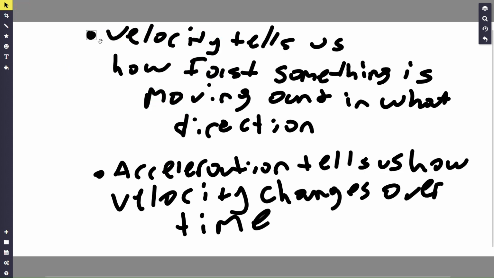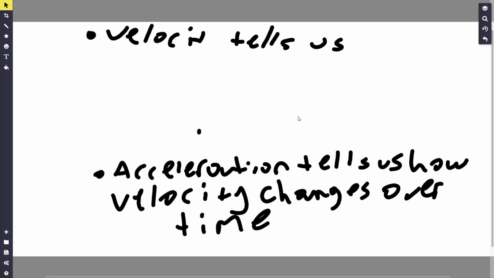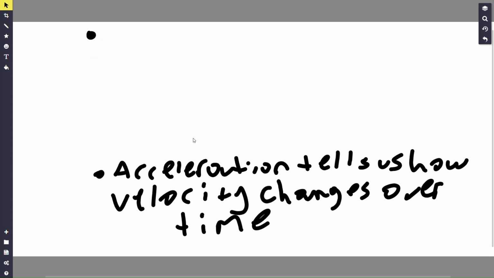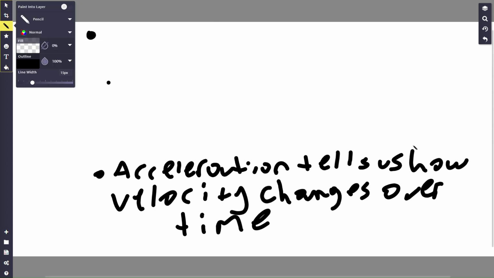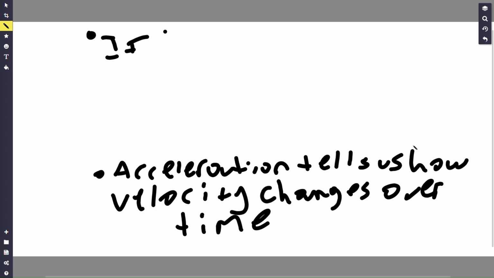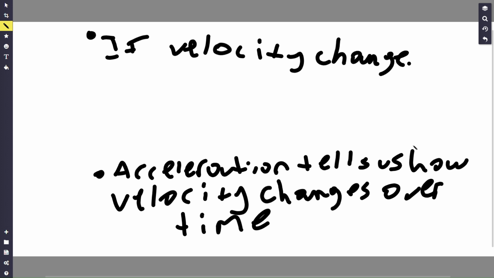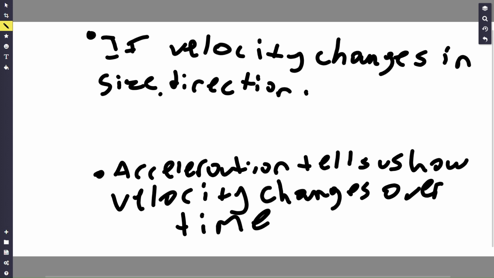Next, if velocity changes in magnitude, which is the same as size, direction, or both, the object is accelerating.